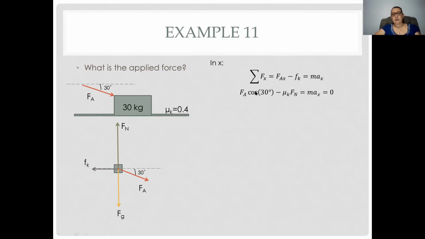So the applied force times the cosine of our angle 30 minus, and the equation for kinetic friction is the coefficient times the normal force, equals mass times acceleration in the x direction. But we were told this is moving at a constant speed, so there's no acceleration in the x direction. That means that our applied force times the cosine of 30 equals our kinetic friction.